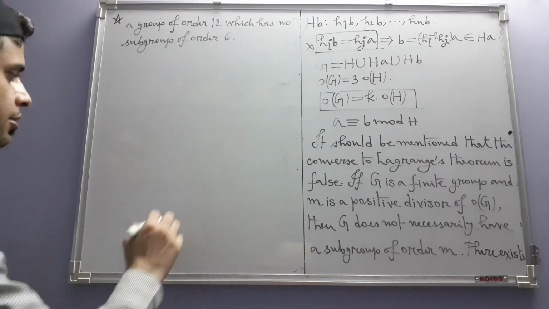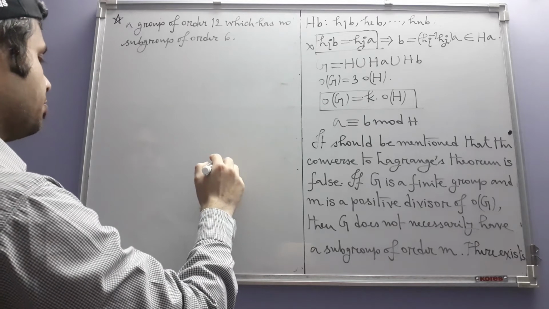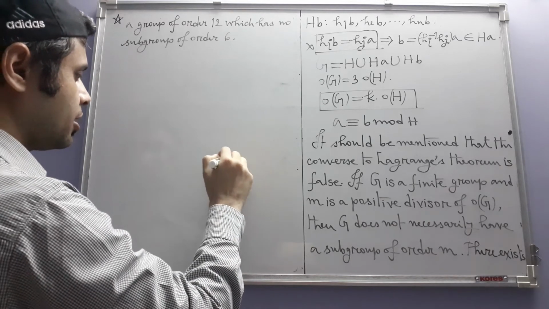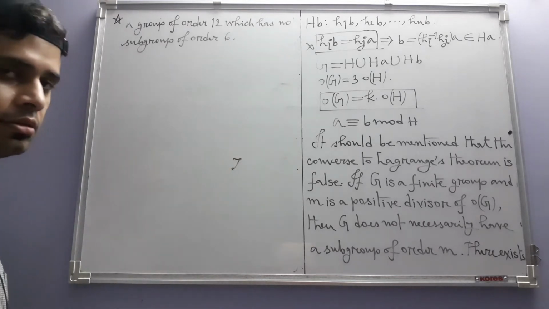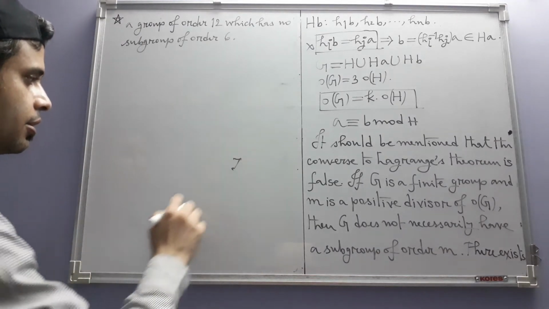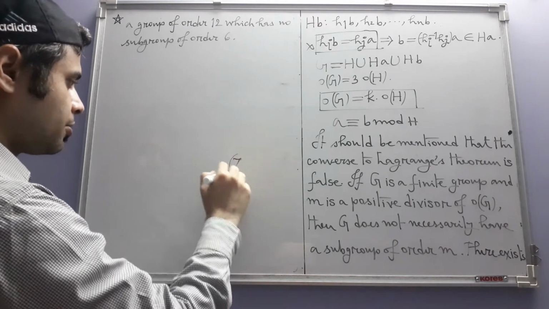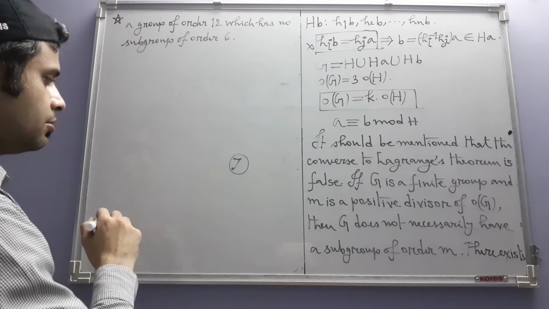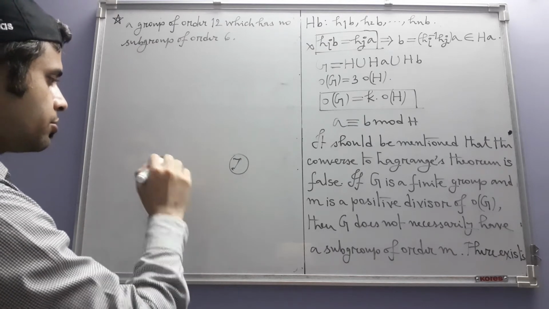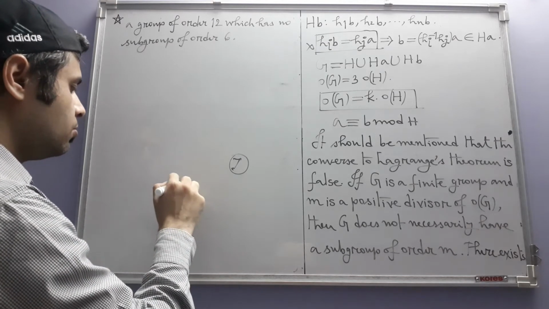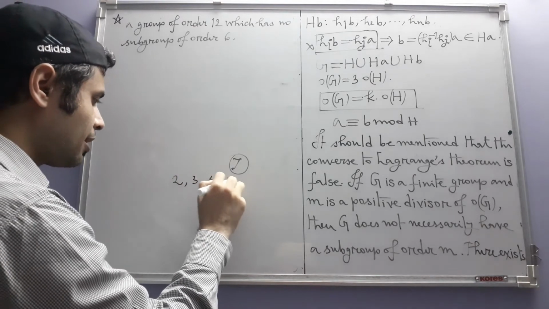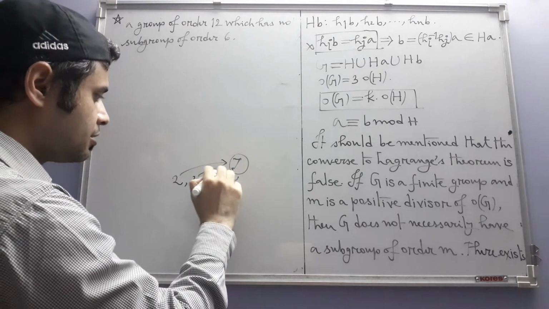For example, if you have a group of order 7, then by Lagrange's theorem, such a group cannot have a subgroup whose order is say 2, 3, 4, 5, because none of them divides 7.